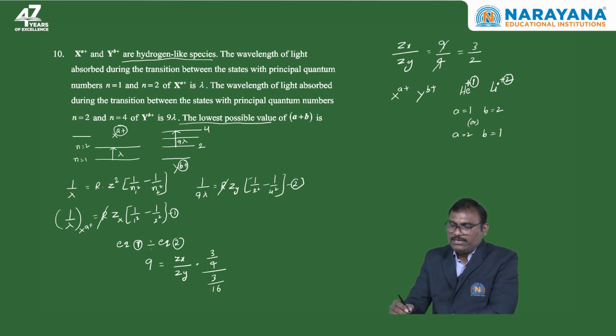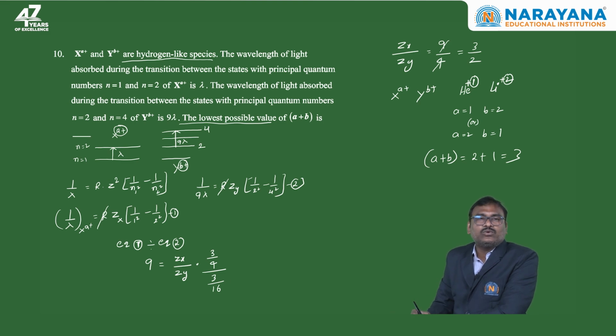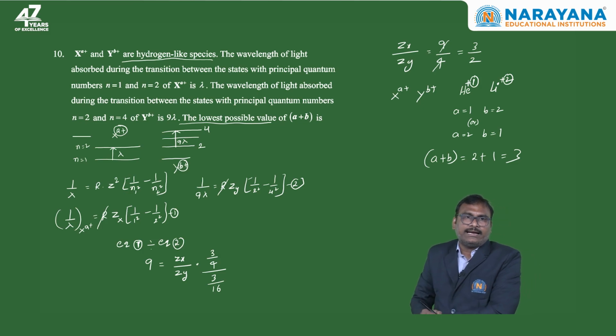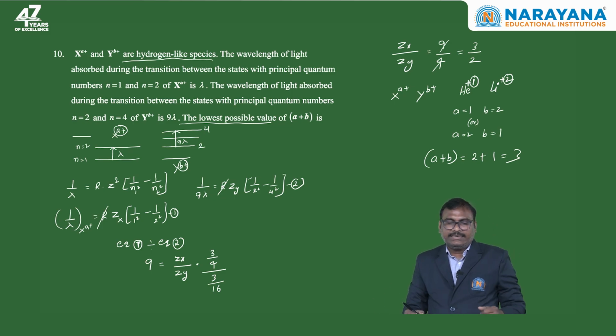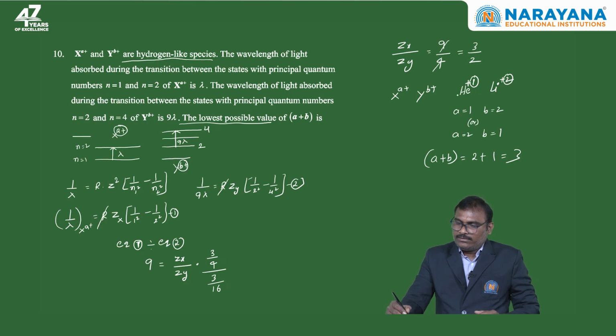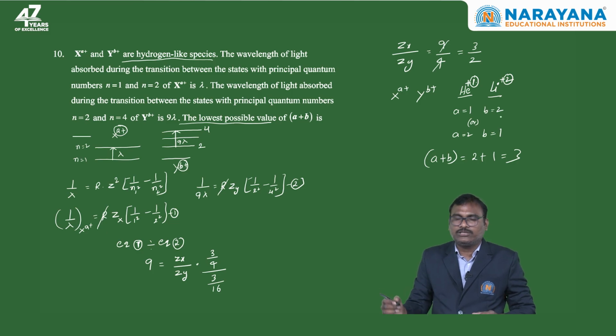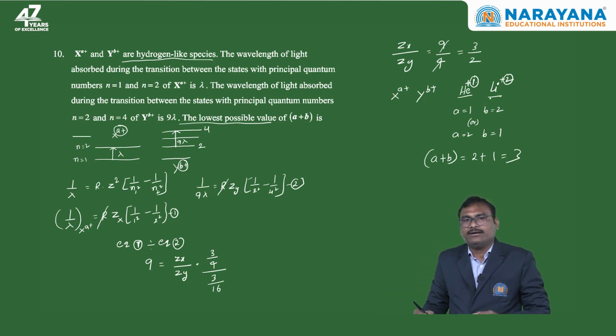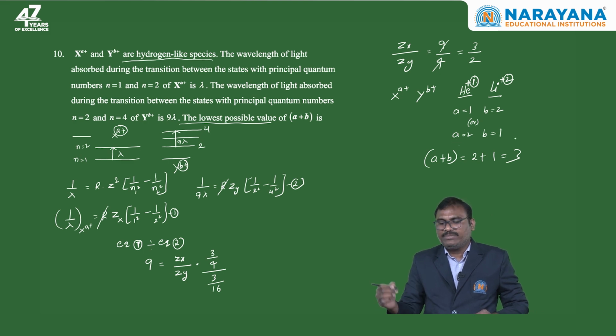If X is lithium and Y is helium, then a equal to 2 and b equal to 1.